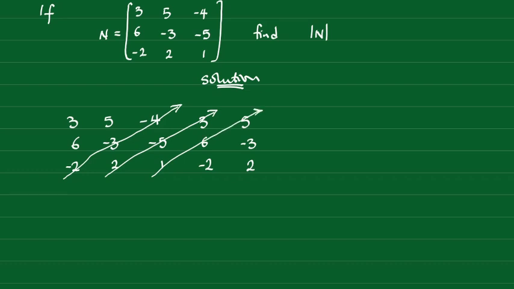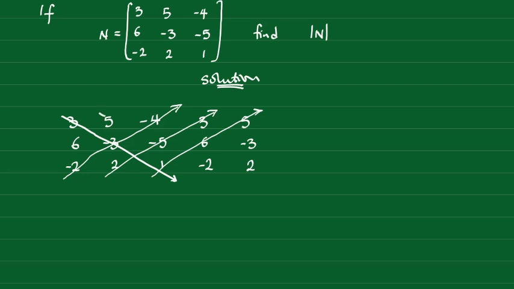Now we move back and we draw a diagonal line starting from row 1 column 1, where we have 3, to row 3 column 3, where we have 1. So draw a diagonal line from here down. All right. Next, we draw another diagonal line from row 1 column 2 to row 3 column 4, where we have minus 2.